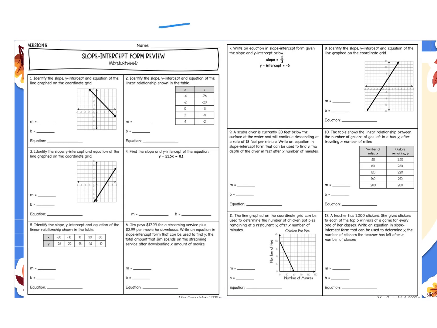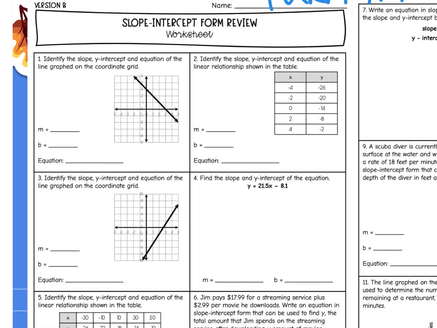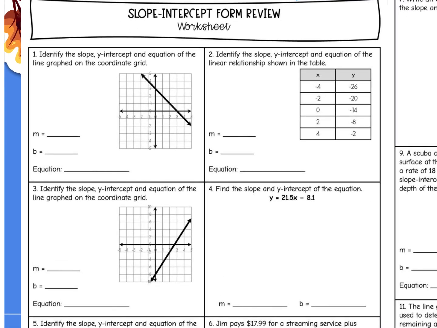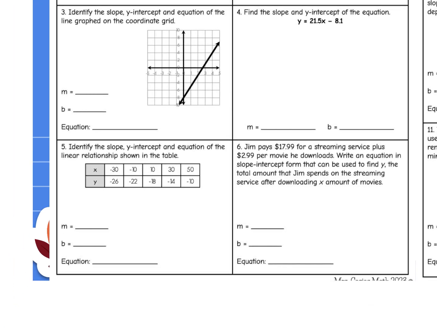You're going to glue these notes into your journal, and then you're going to work on this. This needs to be turned in today. Turn it in today, and it is just like what we just went over. So you've got number 1 is a graph, number 2 is a table, number 3 is a graph, number 4 is an equation.